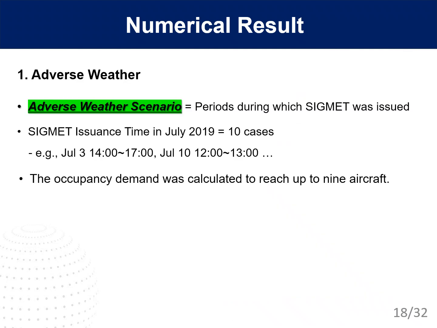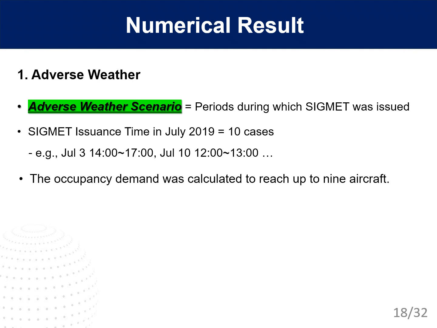Let me explain the data set and scenario definitions in more detail. The adverse weather scenario was defined based on the periods when SIGMET was issued. During July 2019, a total of 10 SIGMETs were issued in the West Sea North sector.